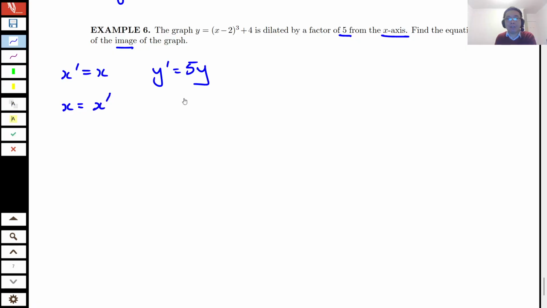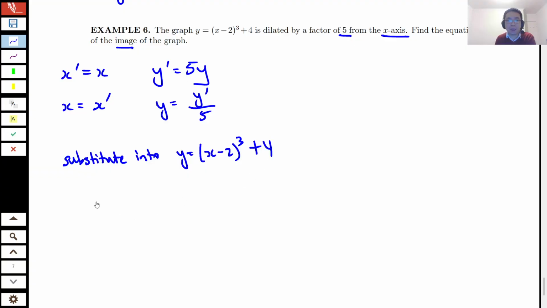So rearranging for my old coordinates in terms of my new coordinates, y equals y dash divided by 5. If I substitute this into the equation, y equals (x - 2)³ + 4, I get y dash divided by 5 equals (x dash - 2)³ + 4.